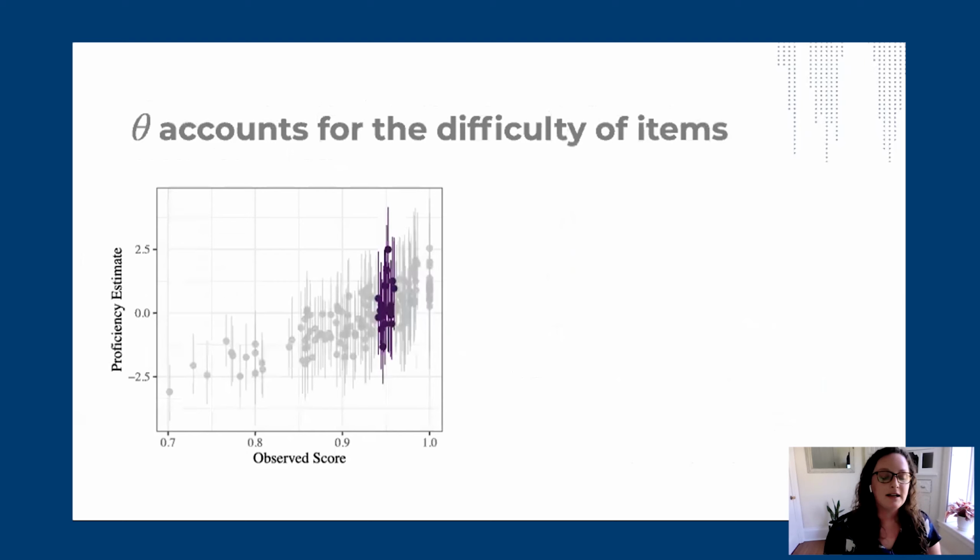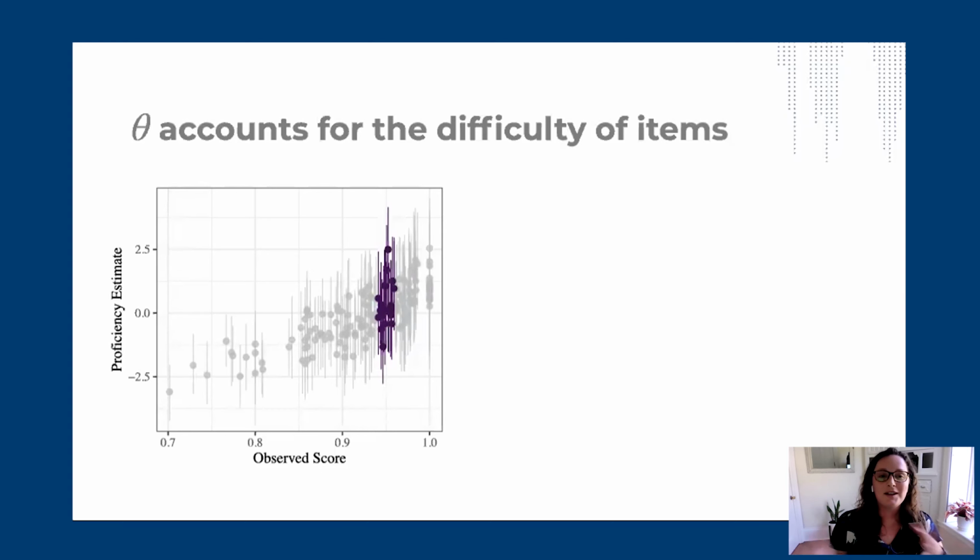Now, again, this is a really similar graph, but we have the observed score on the x-axis and the proficiency estimate on the y-axis. And so we can see that as the score increases, so does the proficiency estimate. But now I've highlighted all of the participants who scored between 94 and 96% on the black box study if we were just counting up all of the correct decisions.